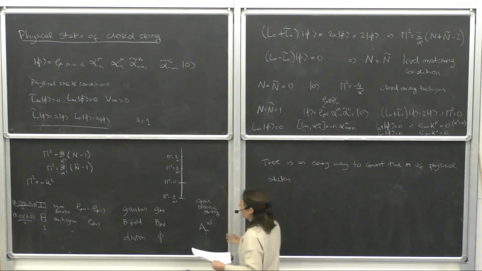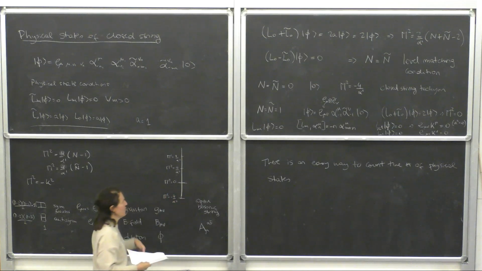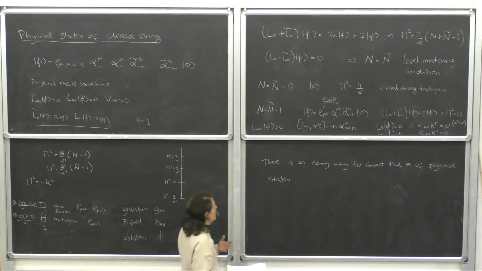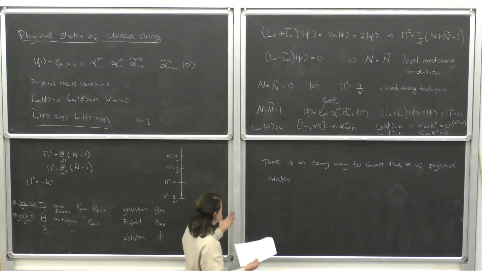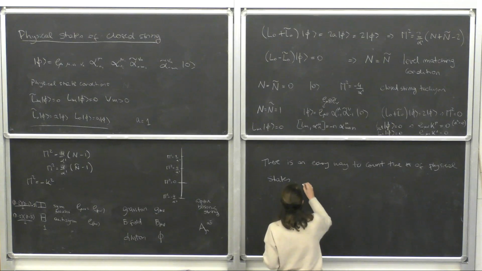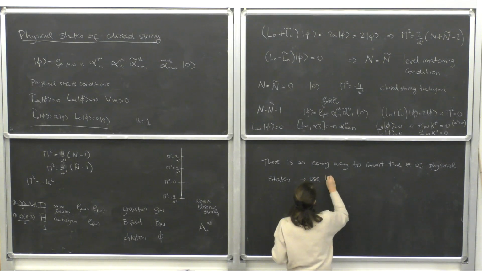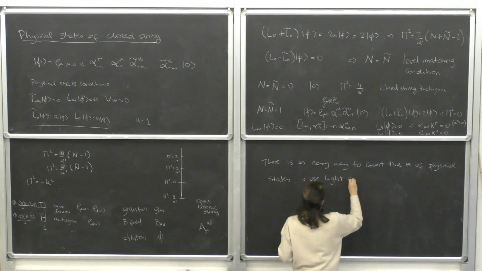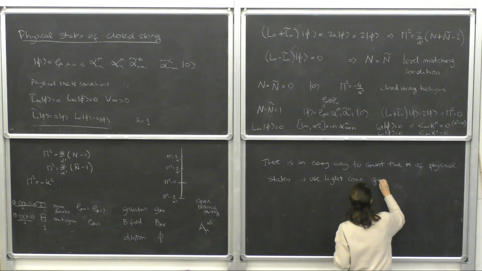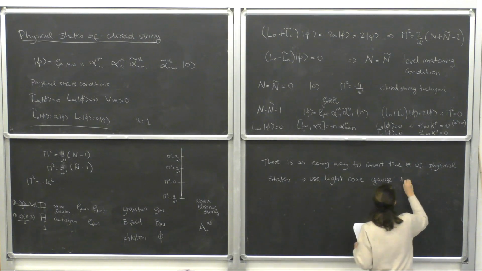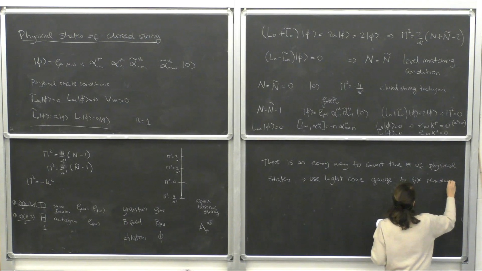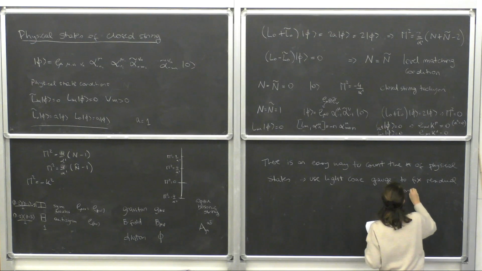So again, why do we have these null states? We have them because we have this conformal invariance, which is a redundancy. There is an easy way to gauge fix this conformal invariance, which is to use light-cone gauge to fix the residual conformal invariance.